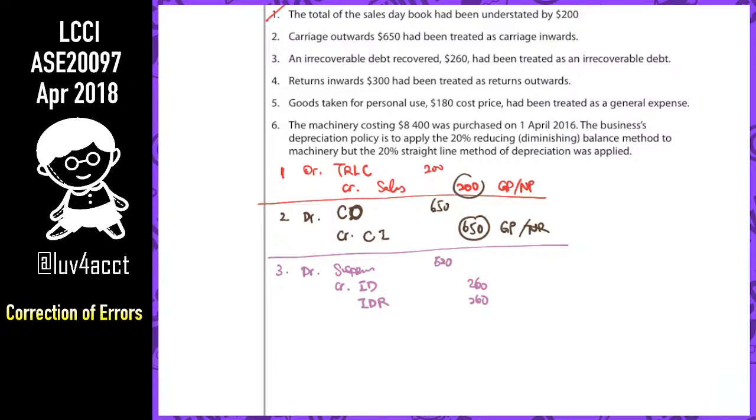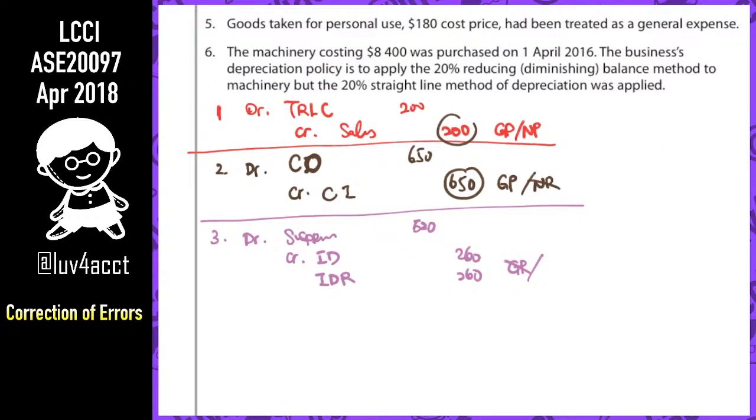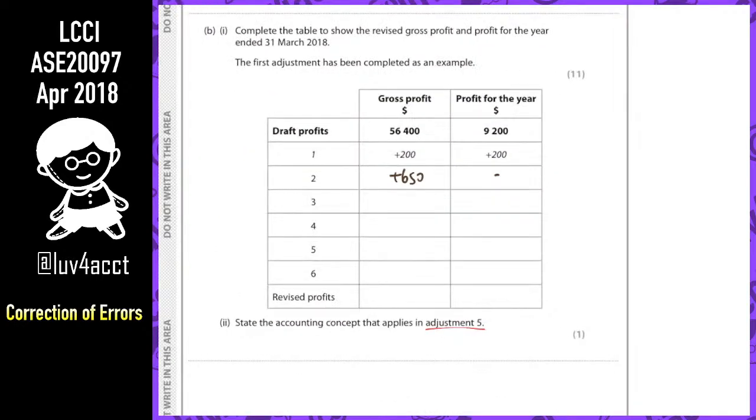It will not affect gross profit, because it is not in the trading account, but net profit is affected. 260 credit, that is a 520 addition.